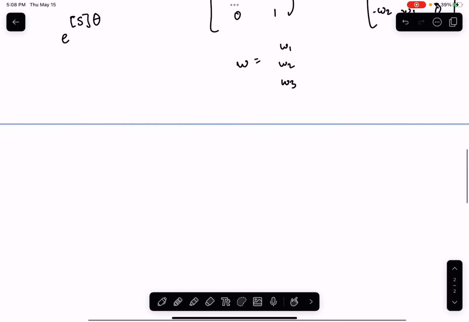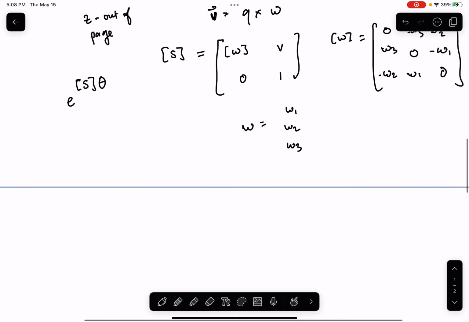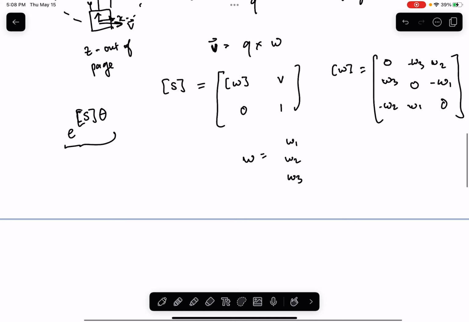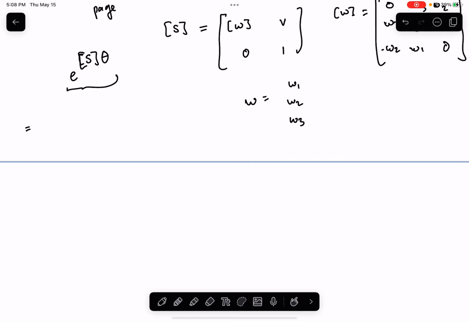Well, what we can see is that when we represent a skew as an exponential, we can calculate out that this comes out to e to the omega skew theta, 0, 1, and then some function of theta v.